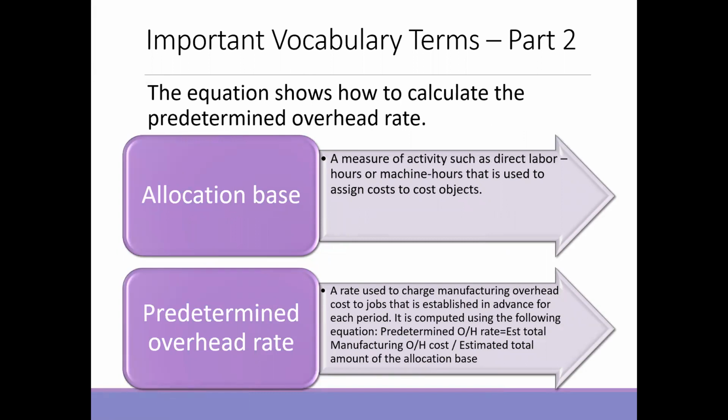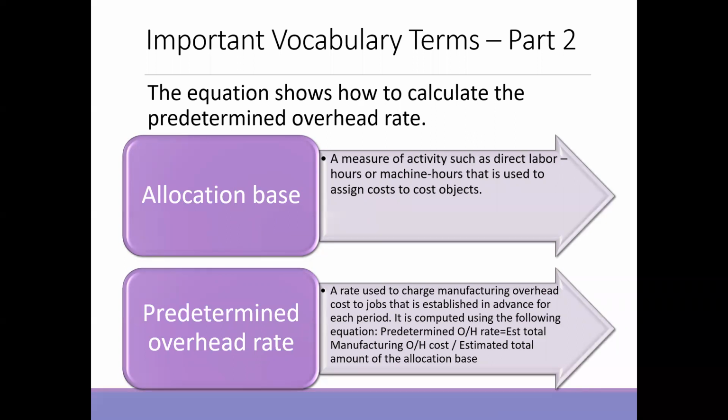We know from last week, this allocation base is really key to drive the cost. A lot of times that manufacturing overhead category can just be loaded with so many various costs.